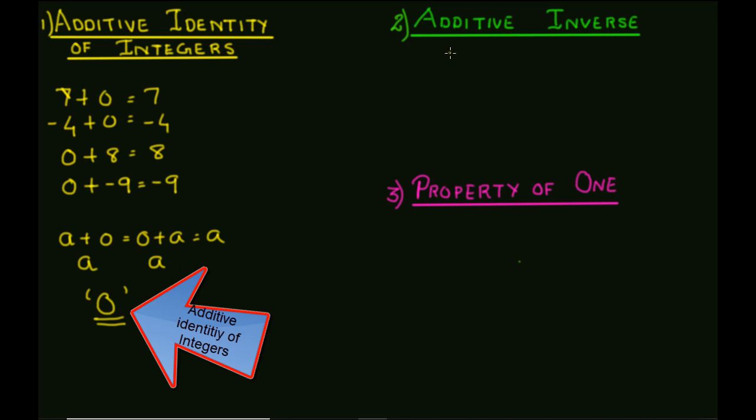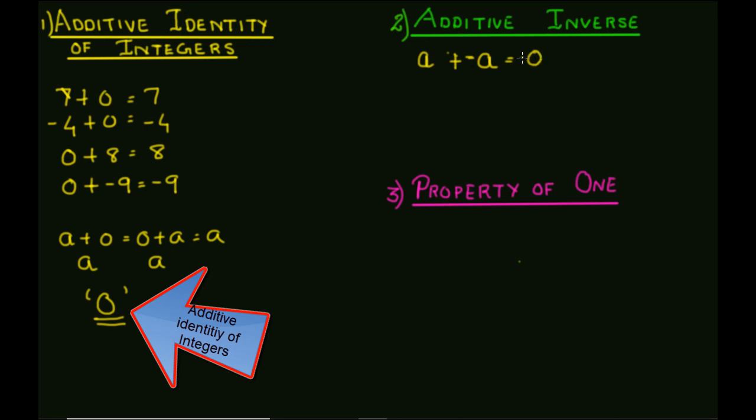Now let's go to additive inverse. Additive inverse says that for every integer a, there exists another integer negative a, and if we add that, we get a 0.